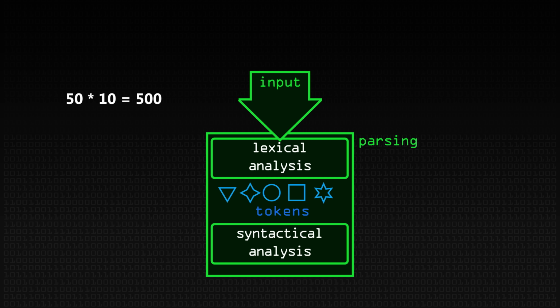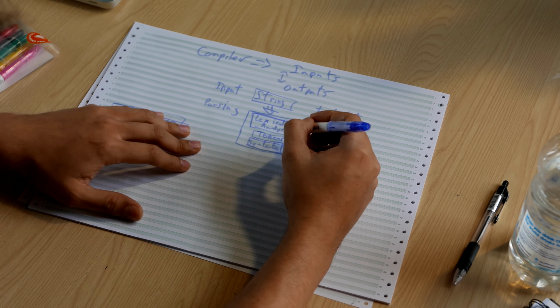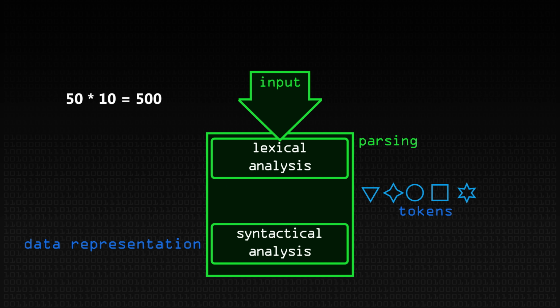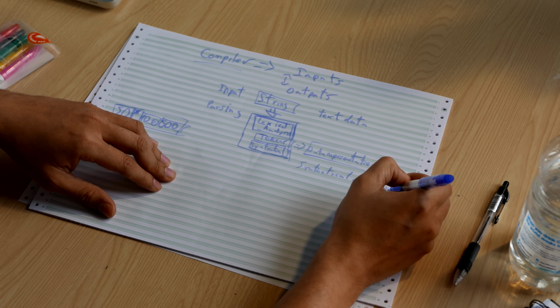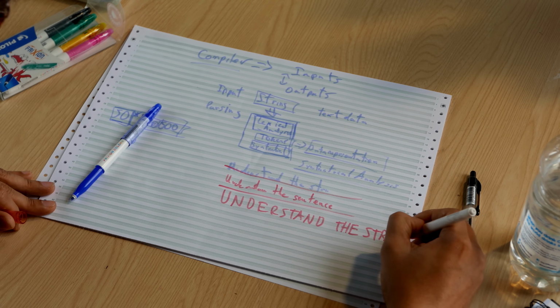And it needs to be able to do this because, end of the day, the string goes through a syntactical analysis. The tokens create some sort of data representation. And this data representation, in order to be able to be translated, it needs to be put through syntactical analysis. This is the part that's really interesting because syntactical analysis means in humans as well as in computers that you understand the string, understand the sentence, let's put it that way.